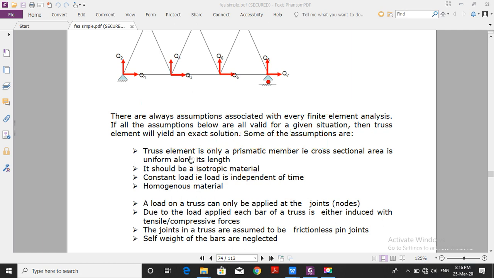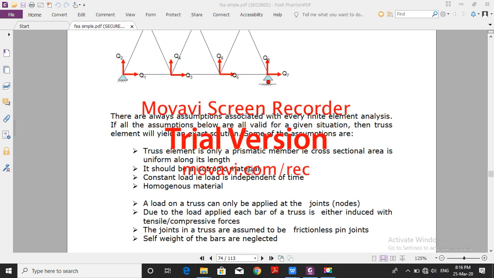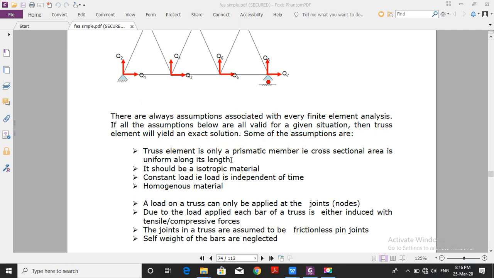A truss element is only a prismatic member, that is, the cross-sectional area is uniform along its length. So we are considering that at every point it has the same cross-sectional area. The next assumption is that it should be an isotropic material.